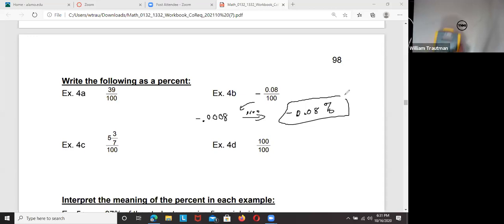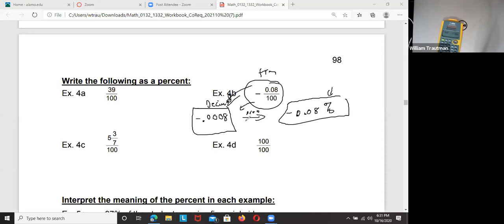You can have a decimal in a percent, but this is a percent number because it has a percent symbol. This is a decimal number because it doesn't have a percent symbol. When you divide a fraction, you get the decimal equivalent. When you multiply the decimal equivalent by 100, you get the percent symbol.